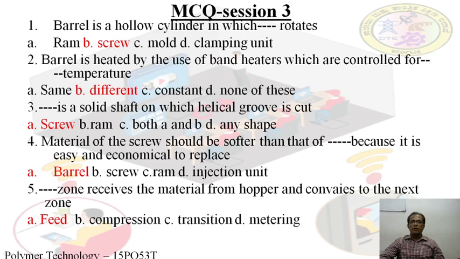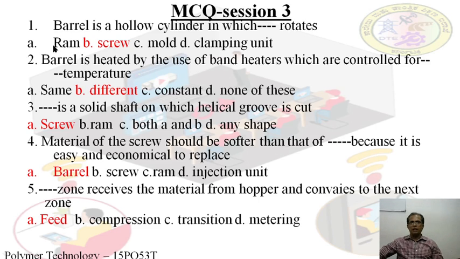Now, we are at the end of today's session. Let me discuss some multiple choice questions and their answers. First question. Barrel is a hollow cylinder in which dash rotates.